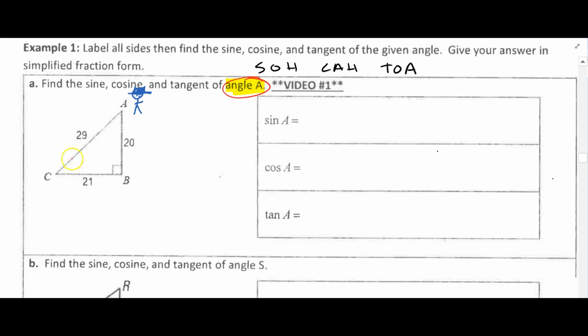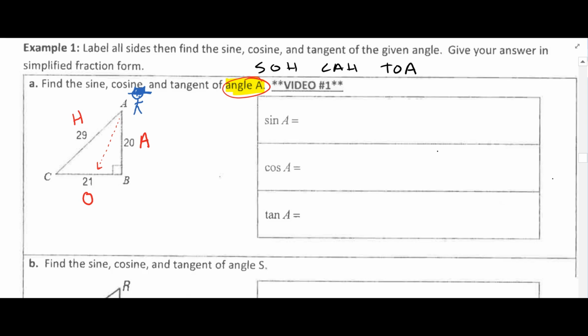My hypotenuse is the easiest. It's opposite the right angle, so that's my H. And then my opposite side is clear across the triangle from where I'm standing, so that's my O for opposite. And then my last side, the one that I'm right next to, is my adjacent side.